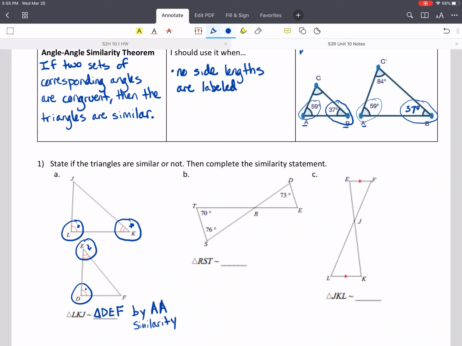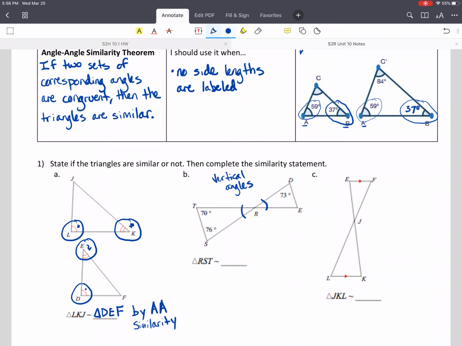Okay, part B. Something that I want you to take a look at is we have here vertical angles. I'm fairly positive you've seen those before. Basically, we have the two angles that are across from each other in an X shape, those are going to be congruent angles. So I have one set of congruent angles.